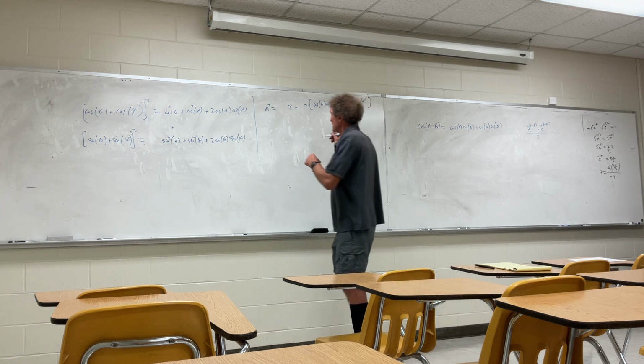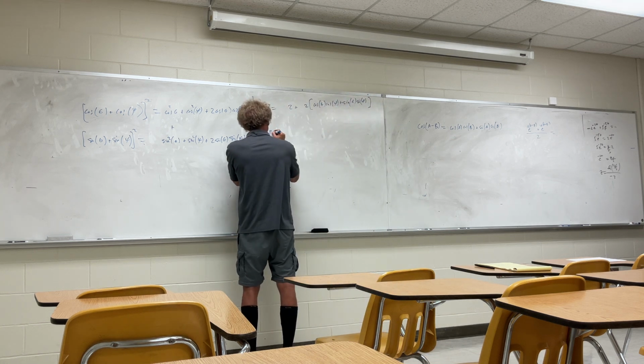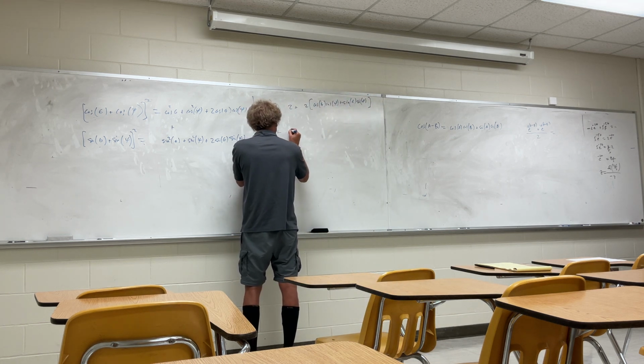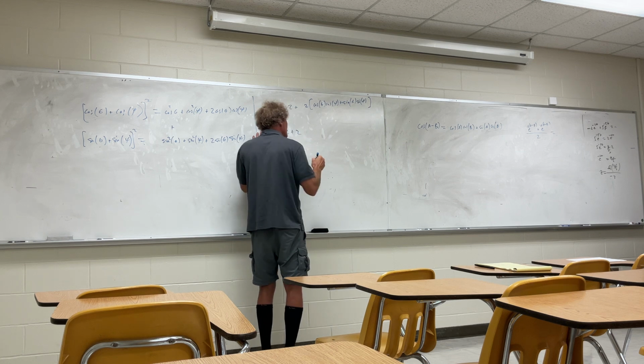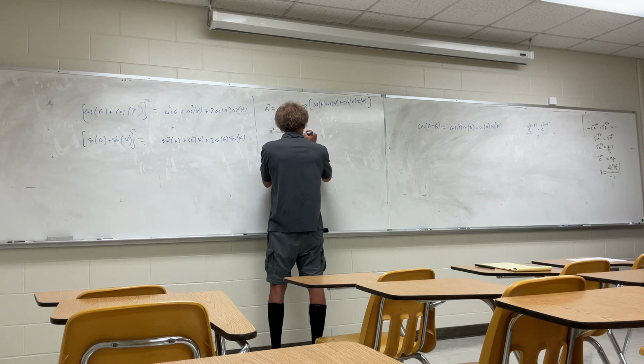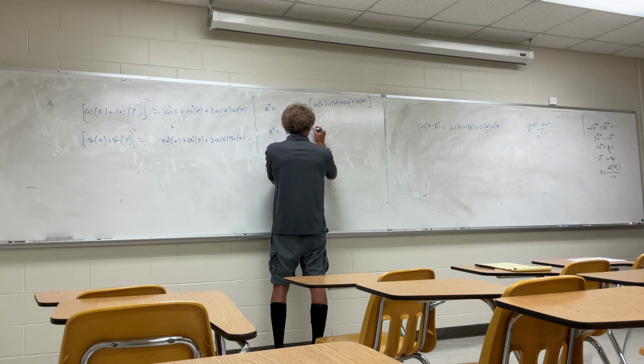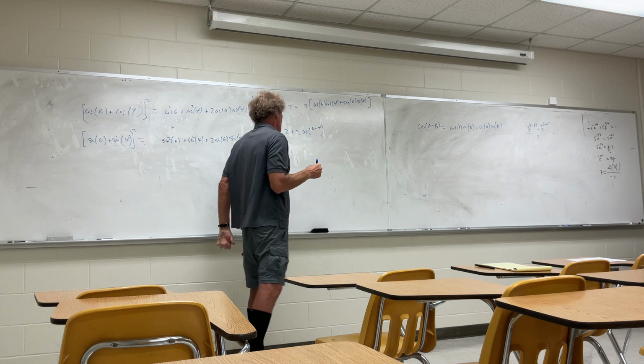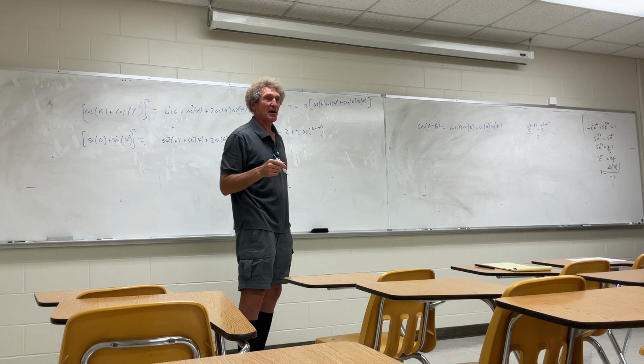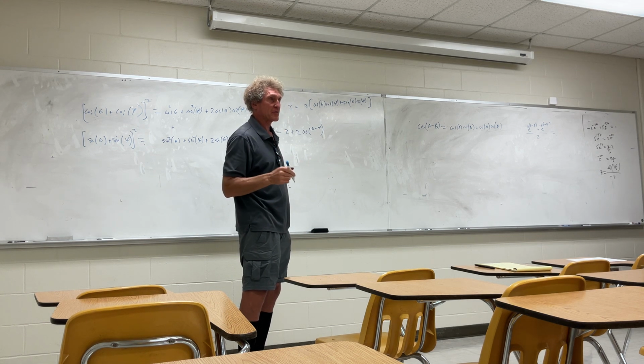Now here's the reason I did this. Now I can say that A squared here is equal to 2 plus 2, and this is going to be cosine of the arguments, which is going to be theta minus psi. You with me? You can see how we're basically going to use a lot of trig stuff.